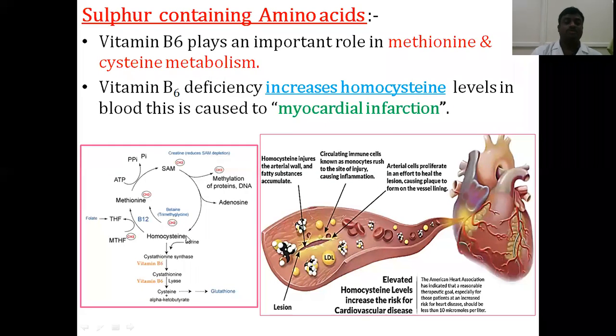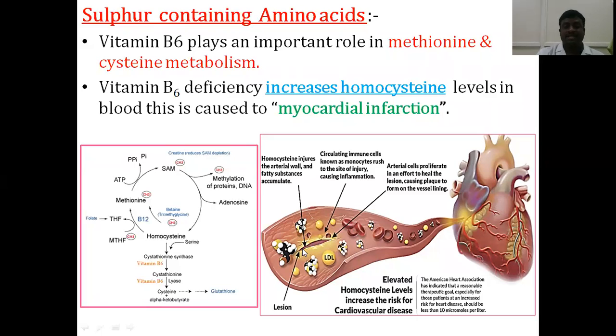Whenever homocysteine accumulates in the blood capillaries, that homocysteine damages the capillaries. So this is the lesion due to the excess amount of homocysteine present in the blood.